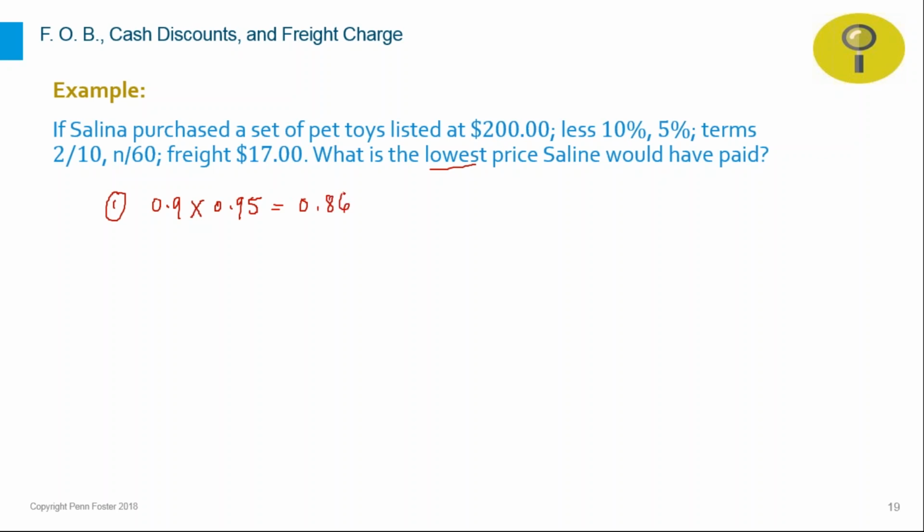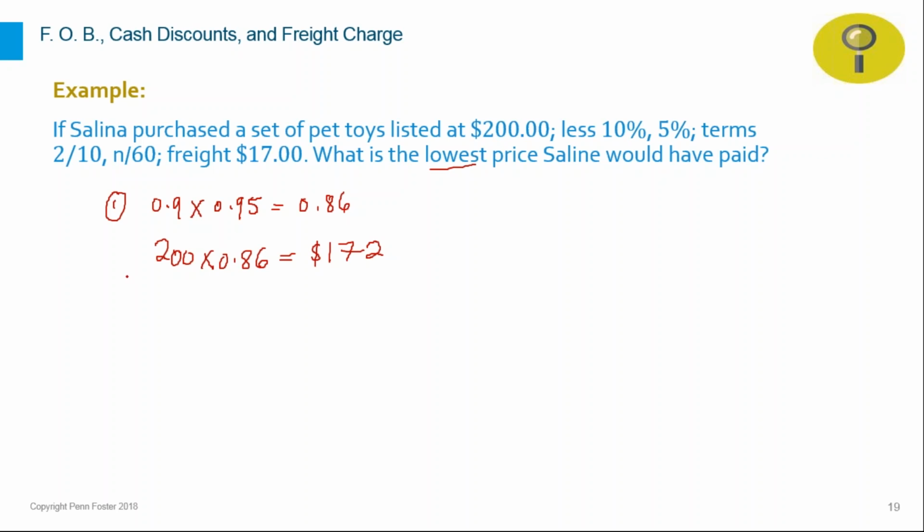And then you have to multiply that times 200. So 200 times 0.86 will equal $172. That's not it. She's getting another discount, which is the 2%.